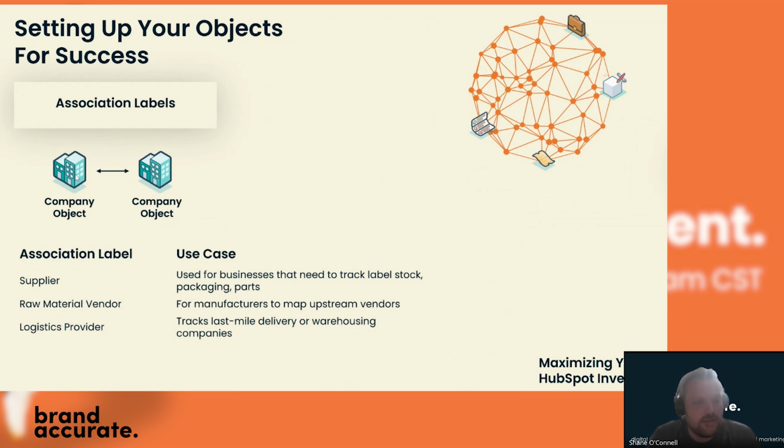So company to company, maybe, hey, I know that this particular customer has a supplier, they have their raw material vendor, and they have a logistics provider. Well, maybe you want to track those. Maybe there's multiple for each. Maybe there's only one, but either way, maybe you want to track that for your end customer.